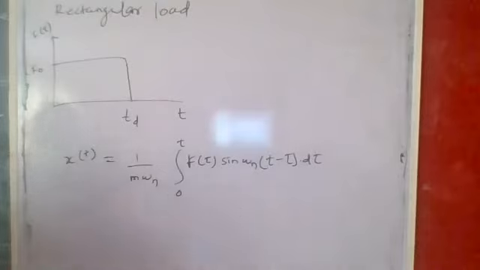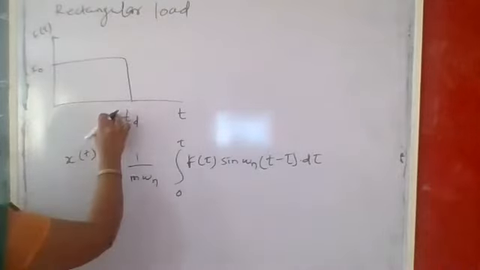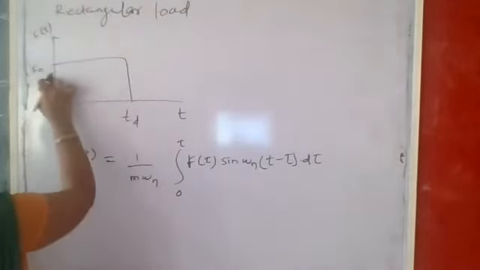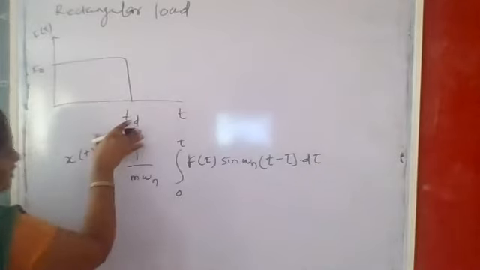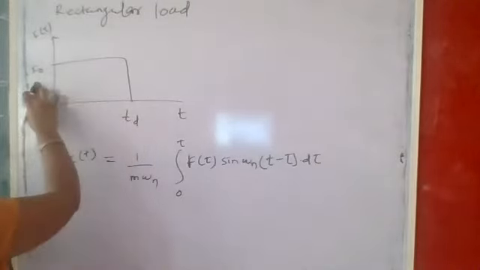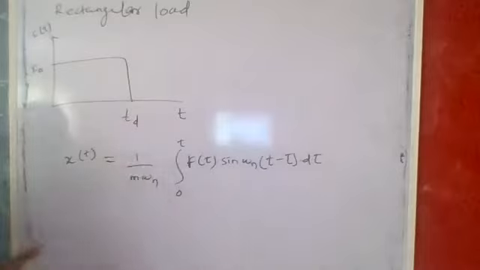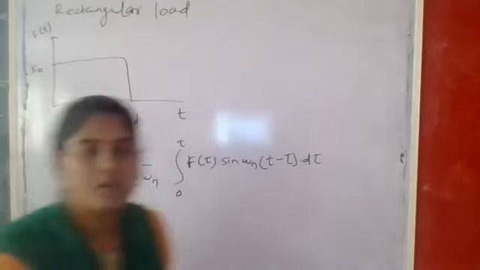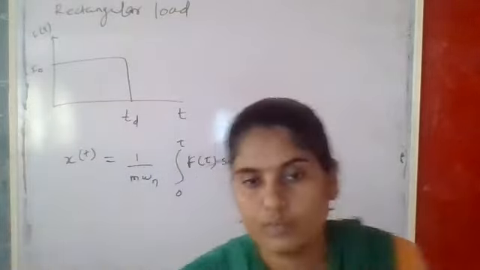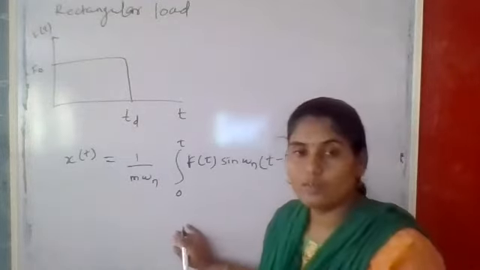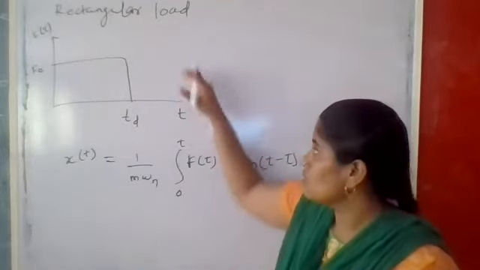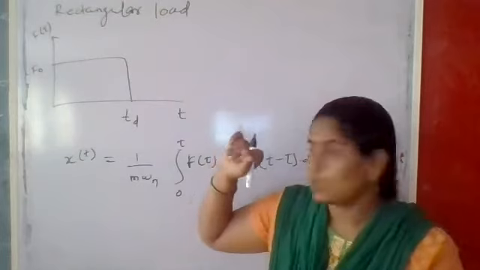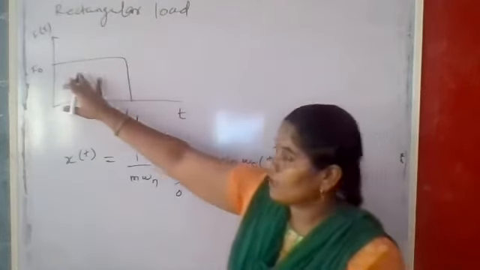Okay, in this rectangular load you can see there is a constant force, that is F naught, at a time period of TD. It means that constant force F naught is up to the time period of TD, and that cross sectional area we have to take into consideration for the calculation of the response of this rectangular load. Look here, that is the rectangular area.